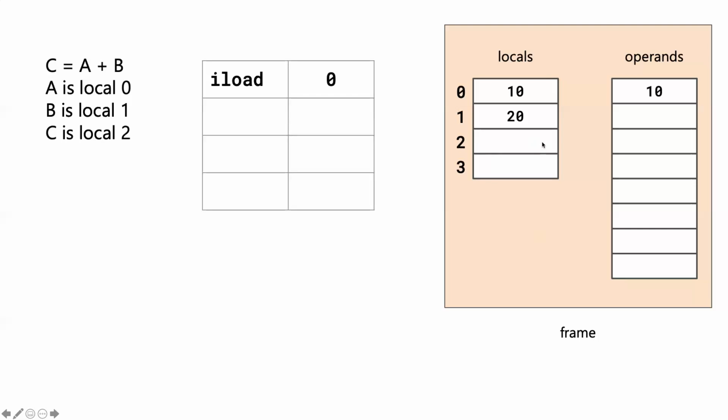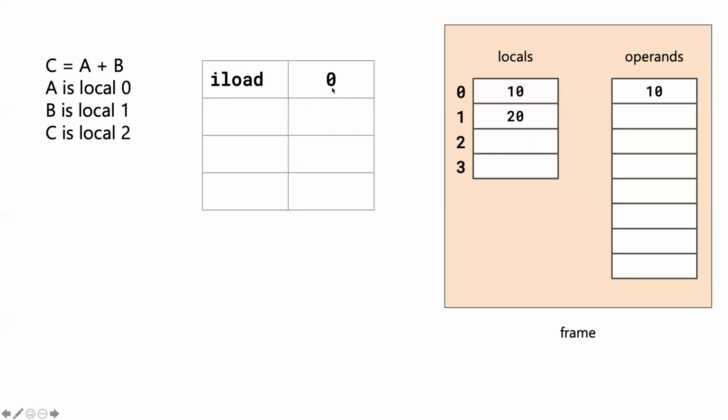There's a Java bytecode instruction, iload, that will go get a local variable. The I means integer. So go get a local variable of type integer out of local variable number 0, and load.